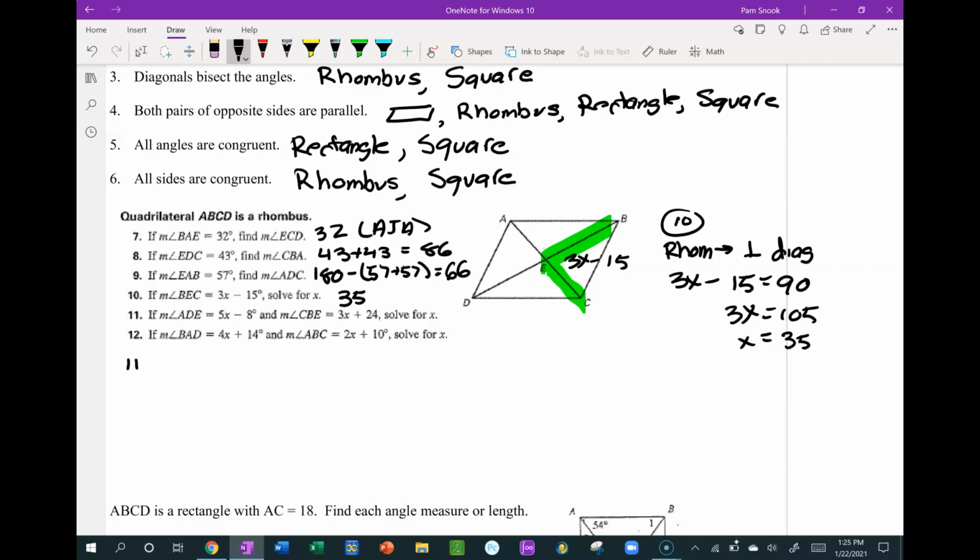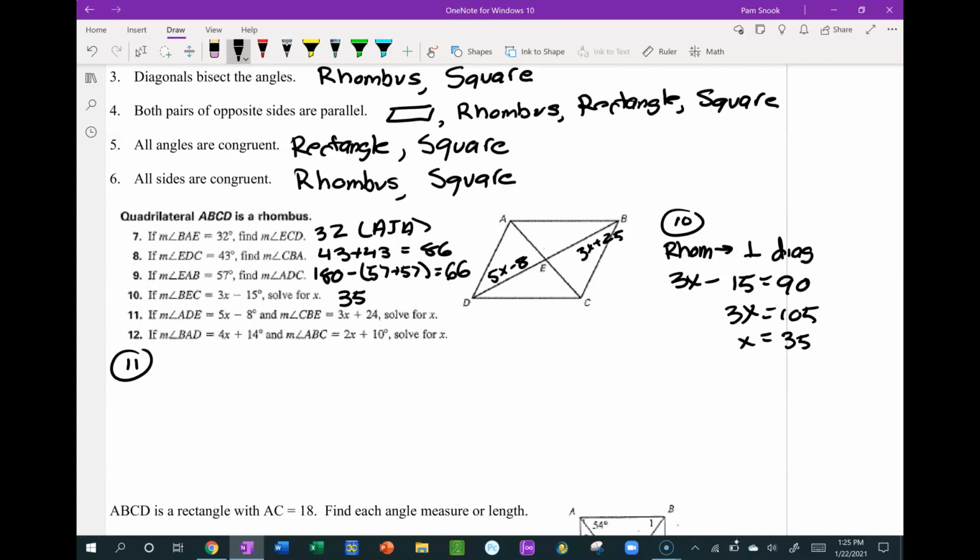Number 11, I'm going to do here. Number 11 says measure of angle ADE. So ADE is 5x minus 8. Angle CBE is 3x plus 24. So again, I have two parallel lines cut by a transversal.